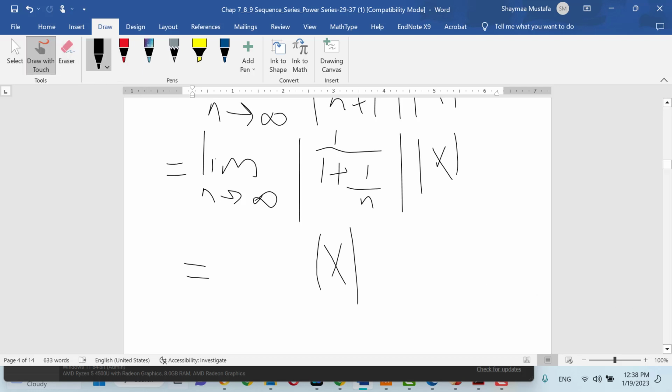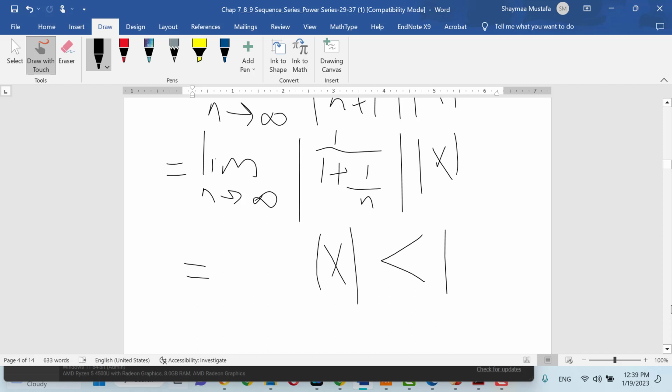Now, based on the ratio test, for the series to converge, the limit should be less than 1. If the limit is greater than 1, then the series diverges. If the limit equals 1, the ratio test fails. So here we need to find the interval of convergence of the power series.